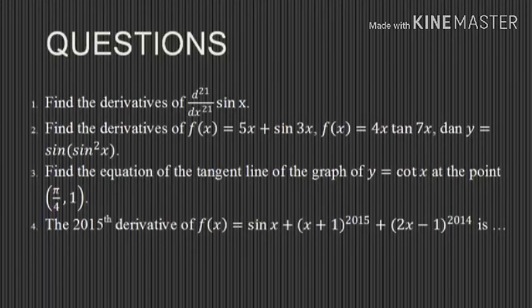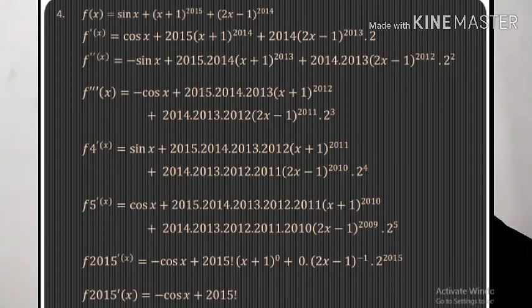Let's try to answer question number 4. The 2015th derivative of f of x is equal to sine x plus (x plus 1) to the power 2015 plus (2x minus 1) to the power 2014. By using the chain rule, the power rule, and the addition rule, f prime of x is equal to the derivative of sine x, which is cosine x.